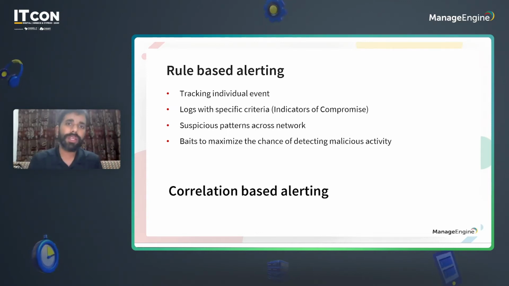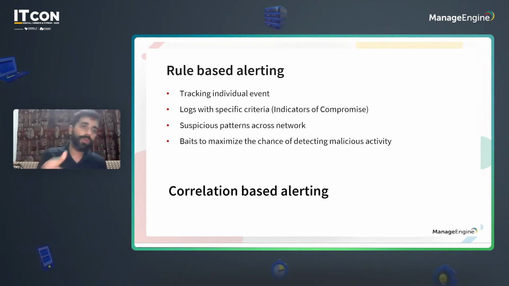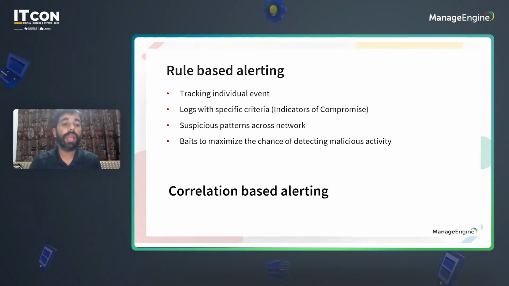So you just can't rely on the native ways of getting alerted, rule-based alerts: if this happens, alert me. Why would you do that? To track individual events, logs with specific criteria, indicators of compromise, and suspicious patterns across the network, to maximize the chances of detecting malicious activity.